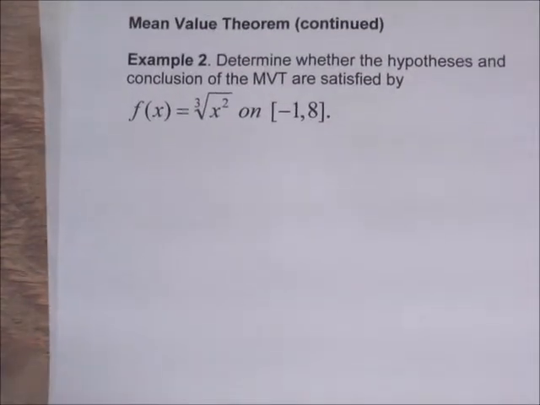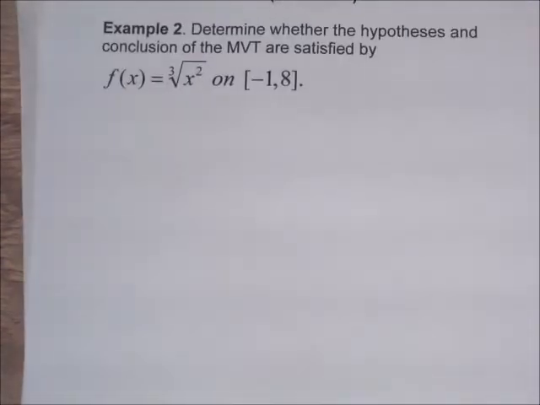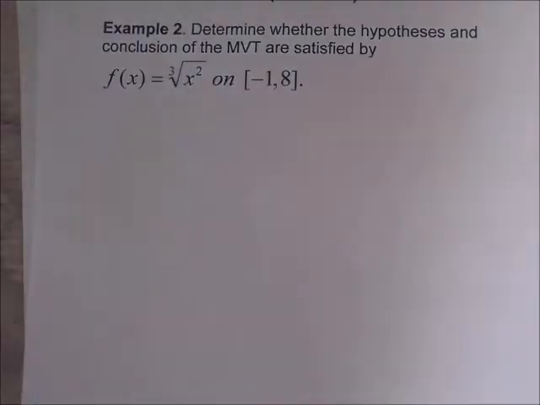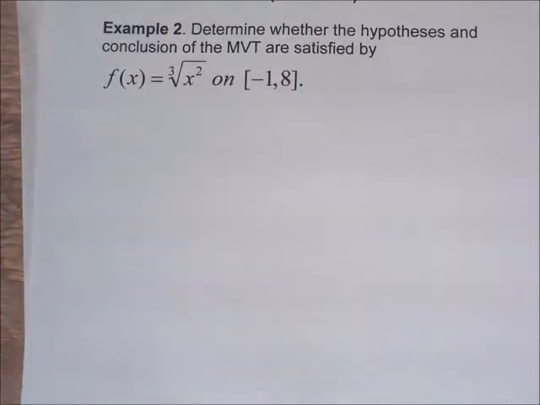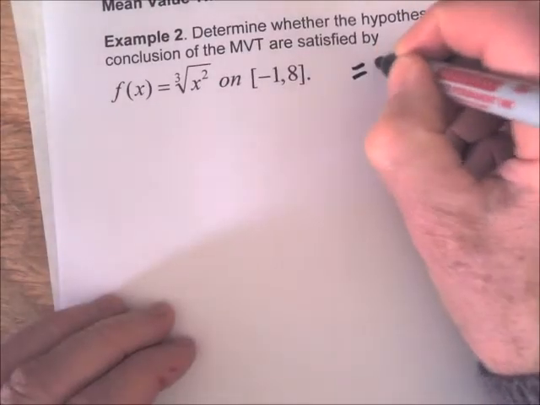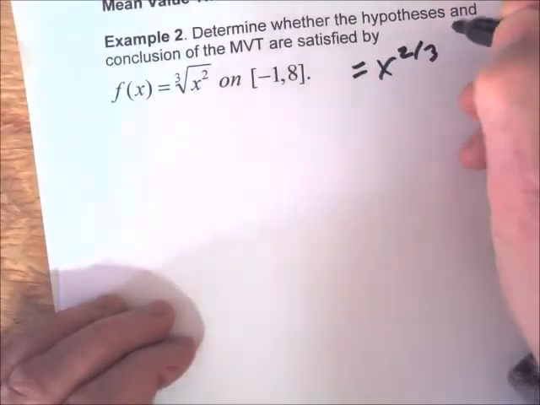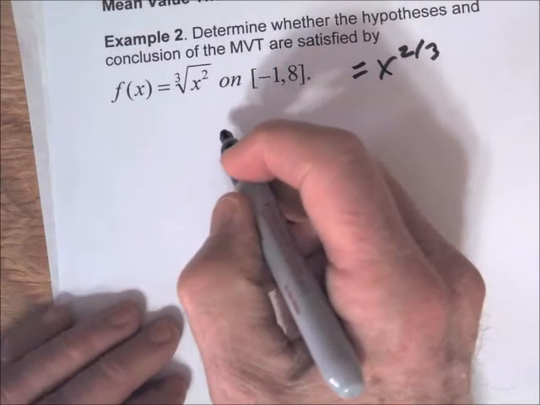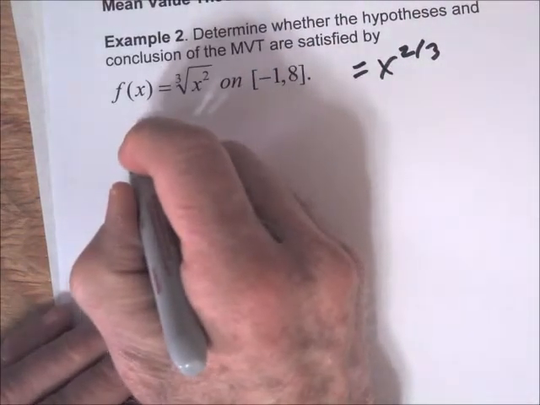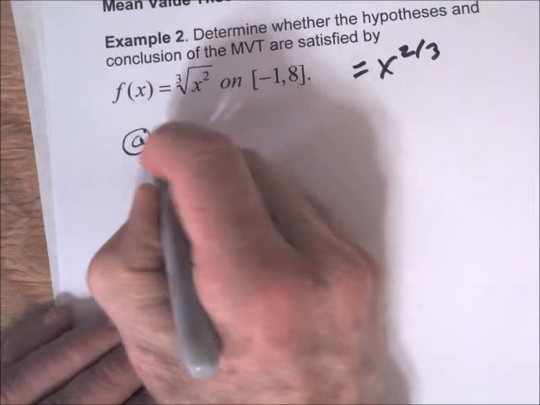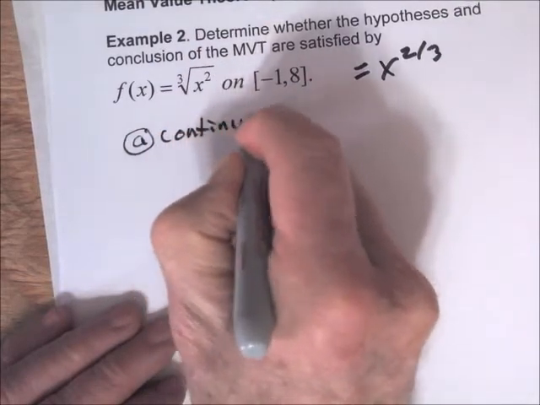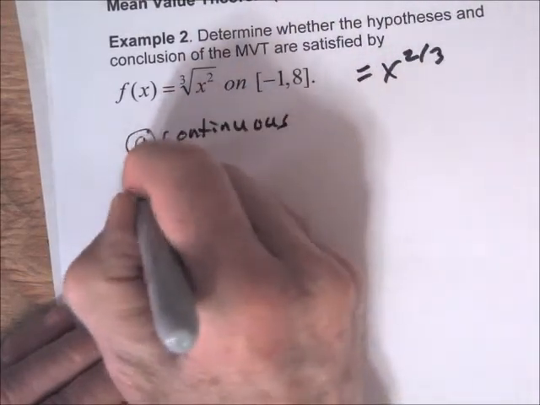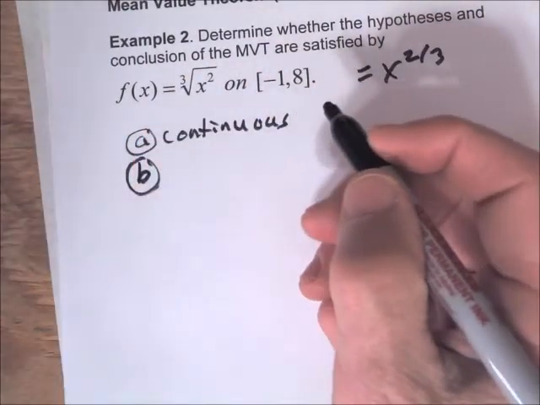Okay, so second example, f of x equals x to the 2/3 power. This is continuous, but it's not differentiable at 0.